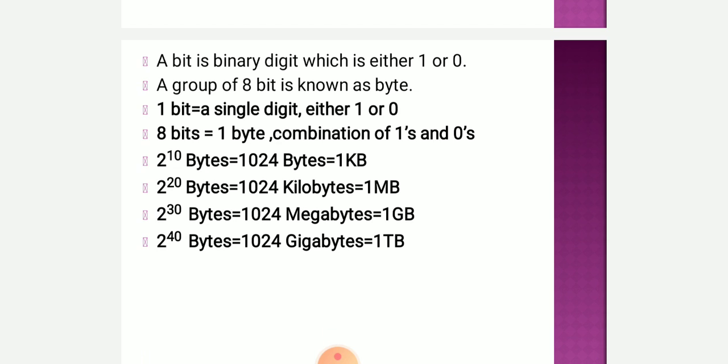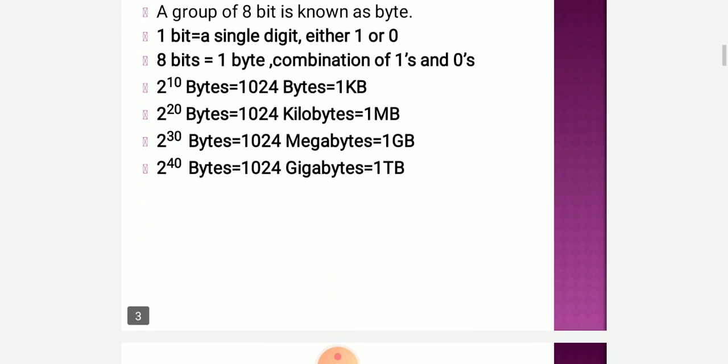A bit is a binary digit which is either 1 or 0. You also know what a byte is, so I just repeat it. A group of 8 bits is known as a byte.